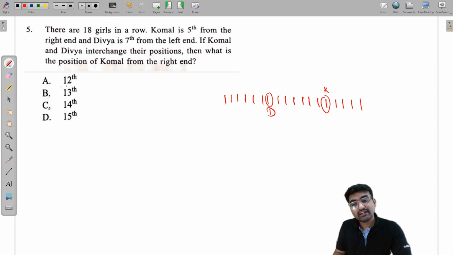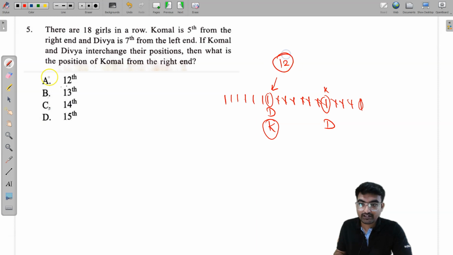Now if Komal and Divya interchange their positions, what is the position of Komal? Let's say Komal will come here and Divya will be here. Now the position of Komal from the right end will be 1, 2, 3, 4, 5, 6, 7, 8, 9, 10, 11 and this is 12. Correct? So the position of Komal is option A, 12.